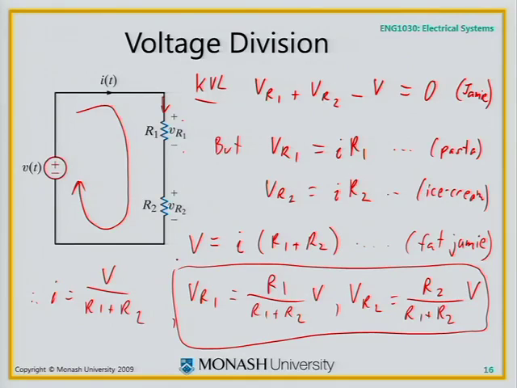If R1 is bigger than R2, then VR1 is bigger than VR2. More voltage is dropped across the bigger resistor.